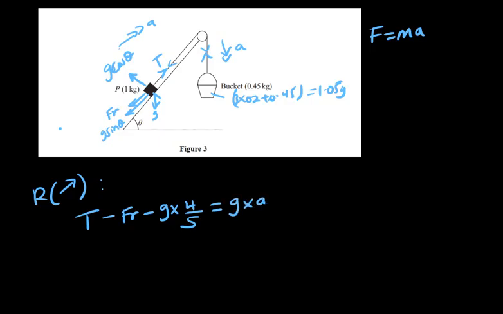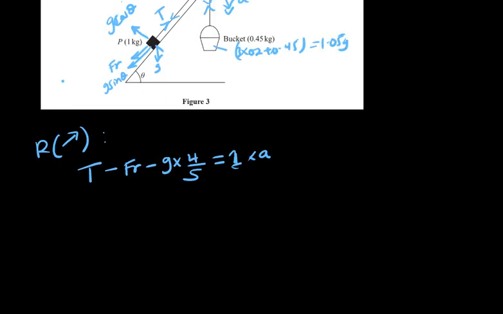The mass of the package is 1, sorry, it's not g. And this is going to give us that T, we have it as 1.05 g, minus friction, that is a quarter. Okay, let's leave it like that.